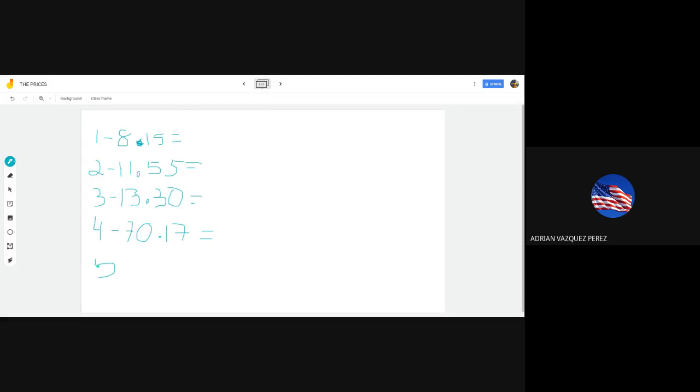And number 5. For now, just write these numbers. Later on, you can do it on your own in your house. Por ahorita solo escriban estos números y al ratito ustedes lo hacen en su casa y me mandan una foto, okay? Tell your parents to take a picture and send it to me. And number 5, the number is 12.27.